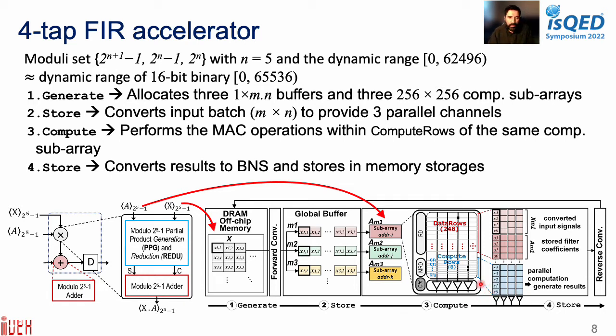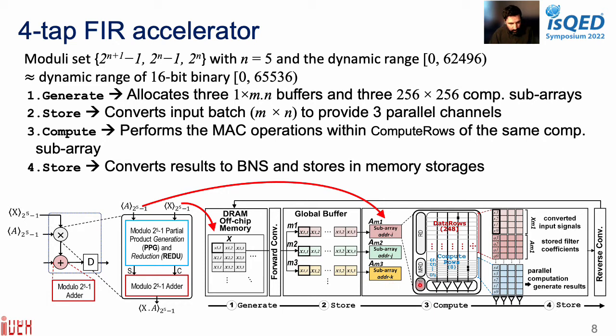Then in the store procedure, an input batch of size m by n is fed to the forward converter to provide 3 parallel channels for each integer number element corresponding to the target modular set M1, M2, and M3. Each channel is then assigned to a computational subarray address within memory, AM1, AM2, and AM3.